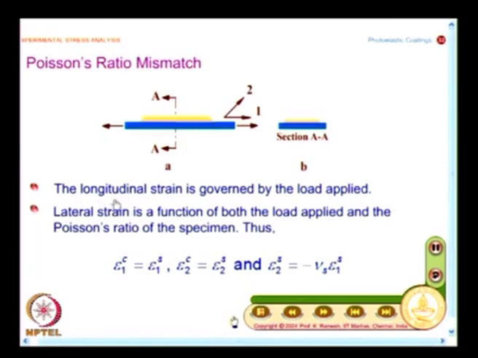So, the longitudinal strain is governed by the applied load, whereas the lateral strain is a function of both the load applied and the Poisson's ratio of the specimen.